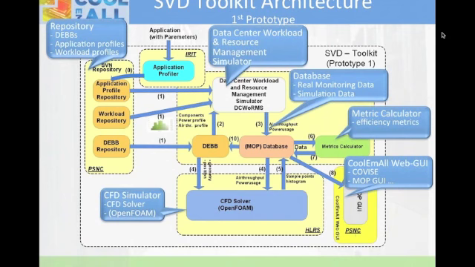Then we have a repository which is populated with application profiles, workloads, and building blocks covering granularity on the server room level, rack level, or node groups level. So we are able to simulate different configurations of racks, for instance, servers or the rooms, and so on.